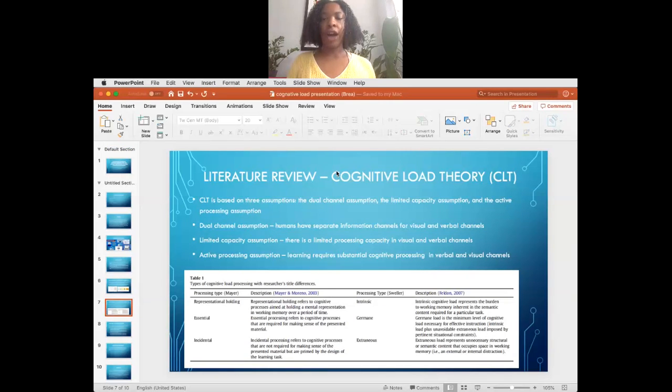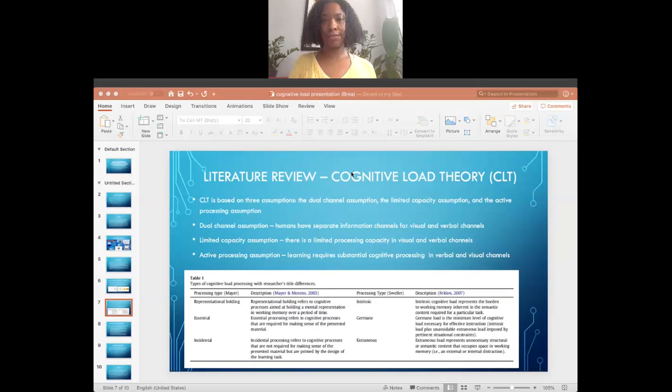Literature review and cognitive load theory. Cognitive load theory, known as CLT, is based on three assumptions. First, the dual channel assumption, the limited capacity assumption, and lastly, the active processing assumption. Now let's break down what these actually mean.